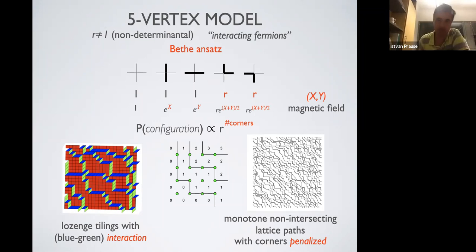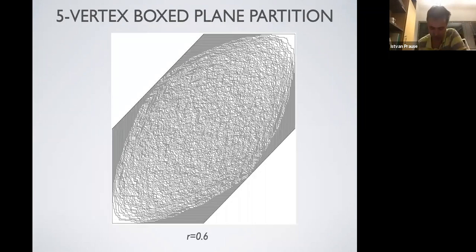So we can again ask what a random configuration with respect to this 5-vertex measure looks like, for the box plane partition boundary conditions. We have here a hexagon shape. This is a staircase boundary, and the boundary condition is such that we send in the paths along this diagonal and make them come out on the opposite end, and no paths are entering or exiting on the other sides.